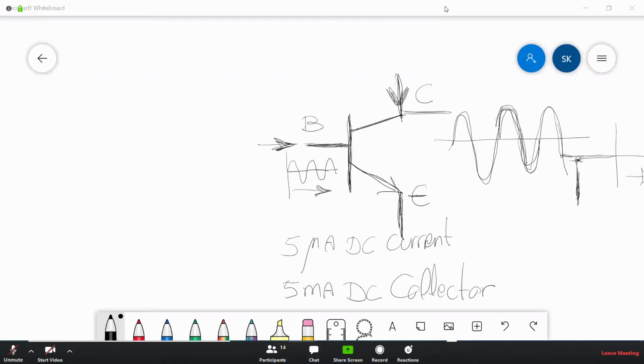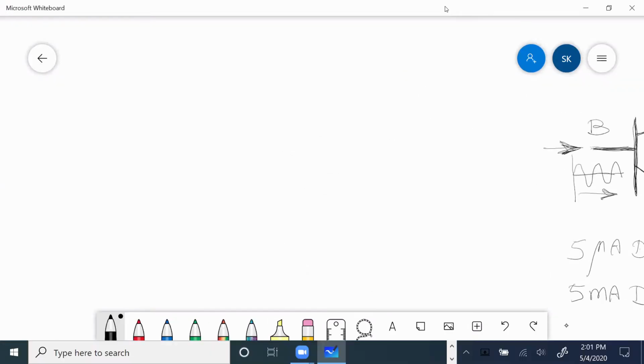So for example, if I have a transistor, I can connect a microphone. Let me just give you a very crude, hypothetical circuit. I'm just giving you a circuit which will actually work, but it won't work for very long.